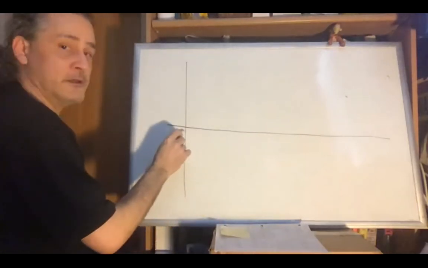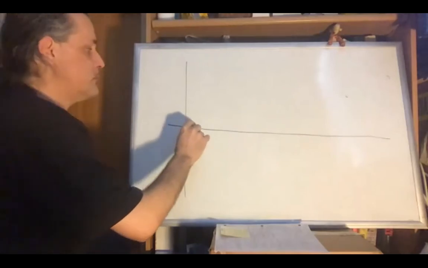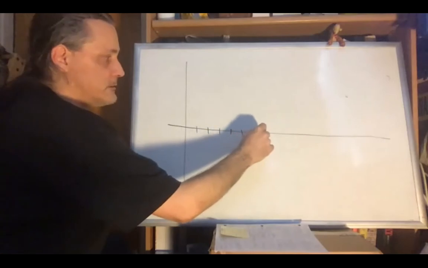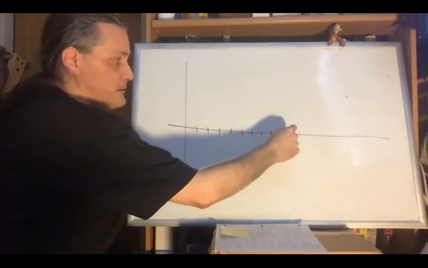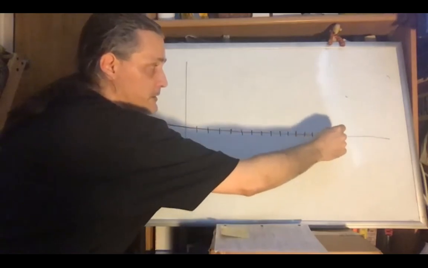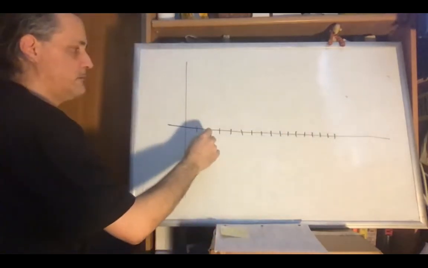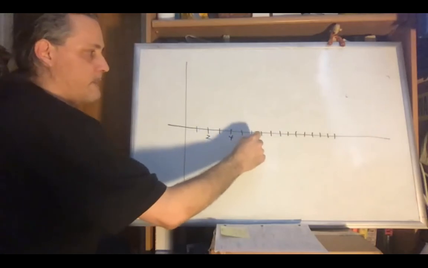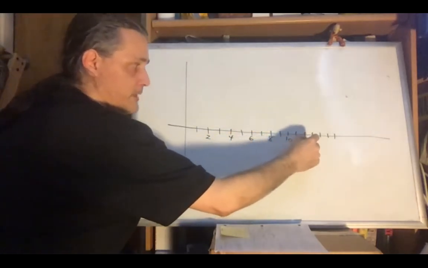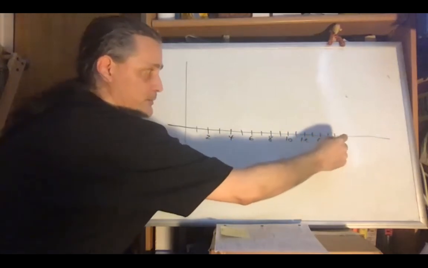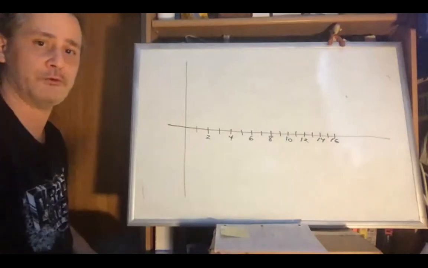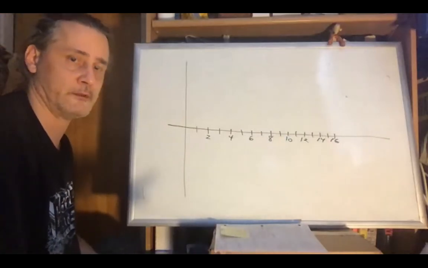So on the y-axis, 0, 1, 2, 3, 4, 5, 6, 7, 8, 9, 10, 11, 12, 13, 14, 15, 16. Okay, we'll end that way. And so depending on the base, the exponent necessary might be bigger or smaller than if you use another base.